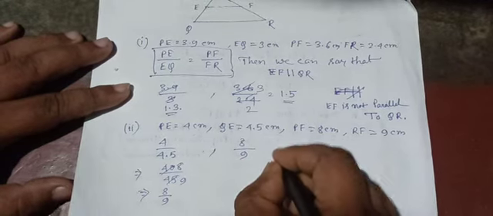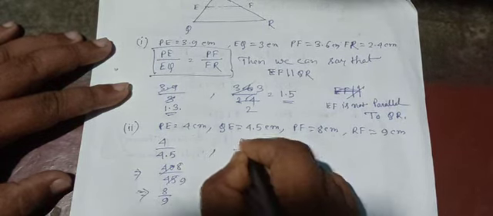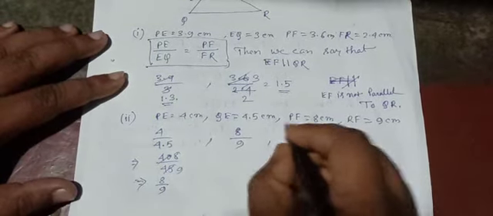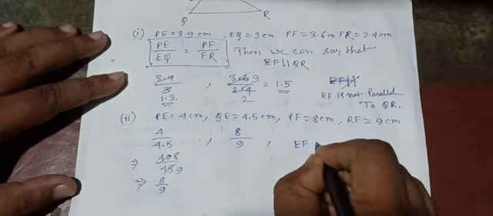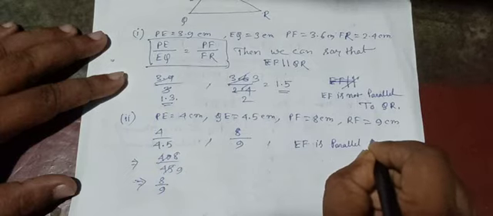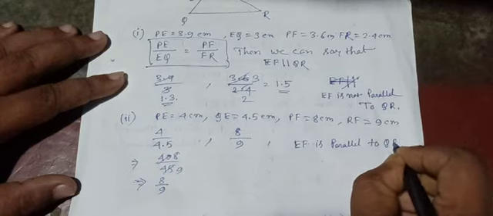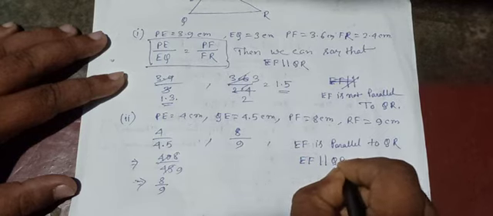So both the ratios become the same. So you can say that EF is parallel to QR.